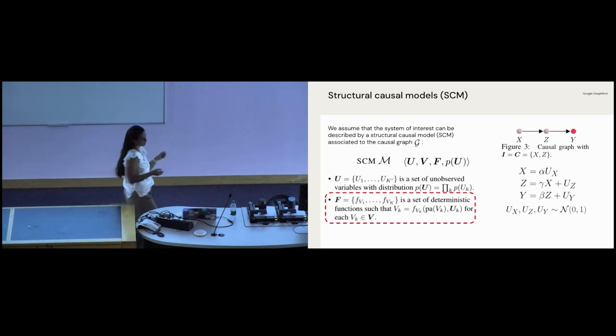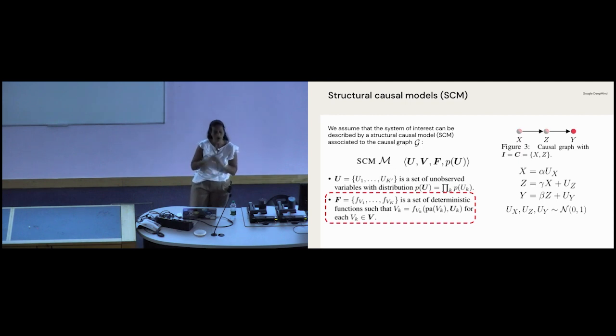And to do that, I try to avoid it, but we need to introduce structural causal models. So structural causal models are just associated to one of the graphs that we've seen before. So you have a causal Bayesian network that is associated to a structural causal model, which is a tuple that includes what?